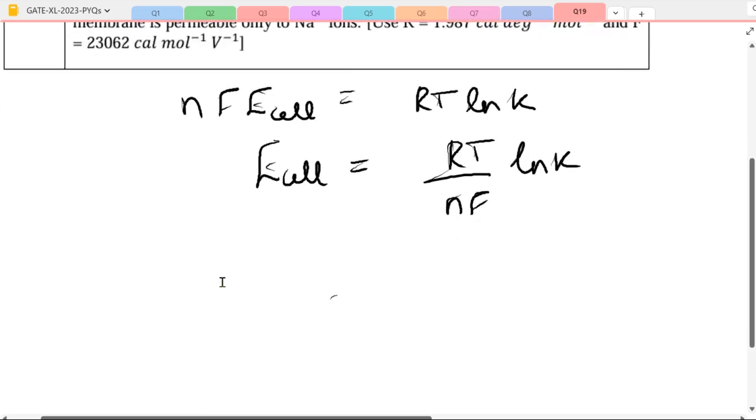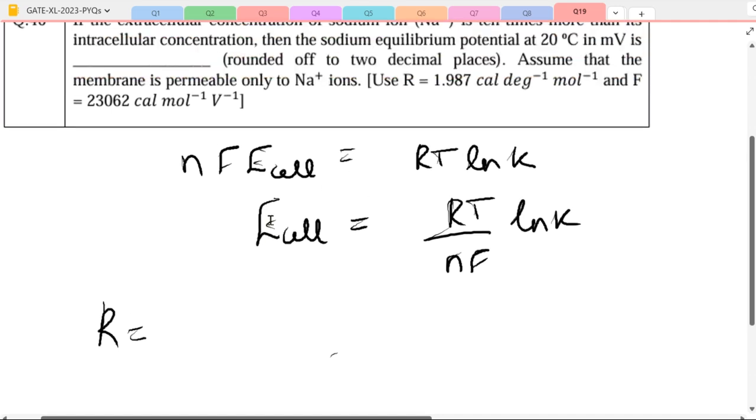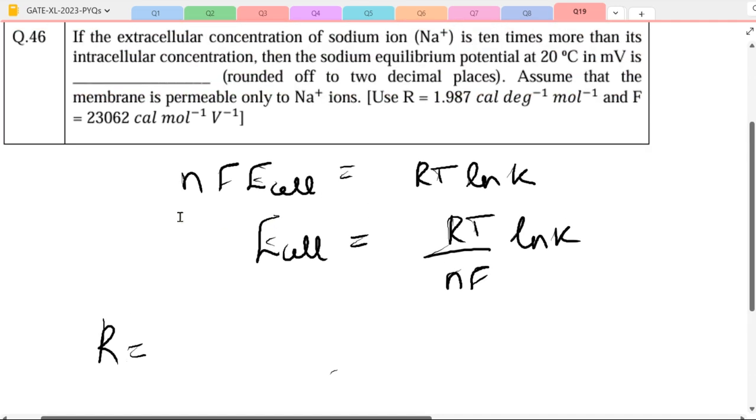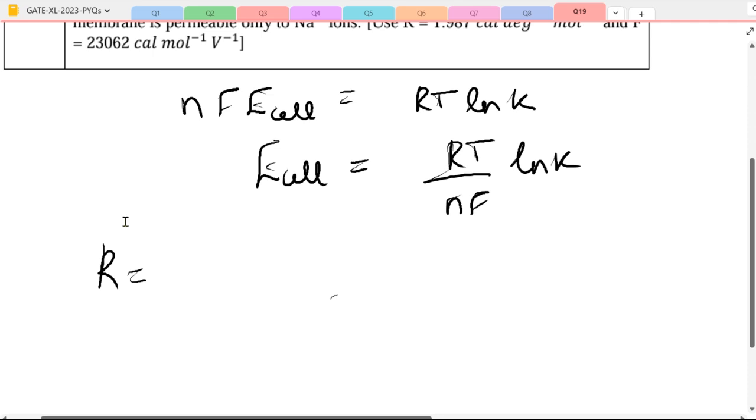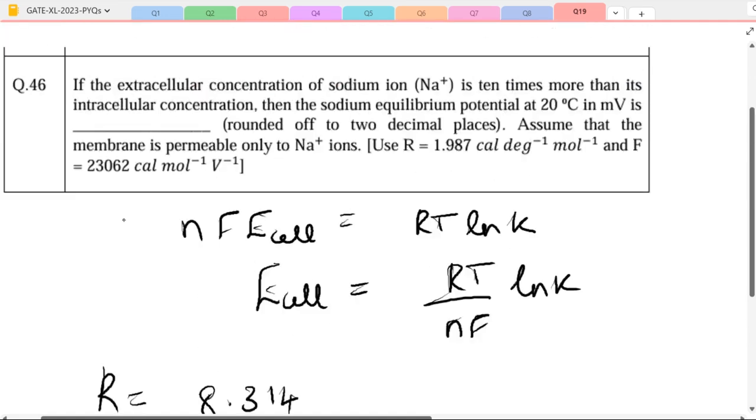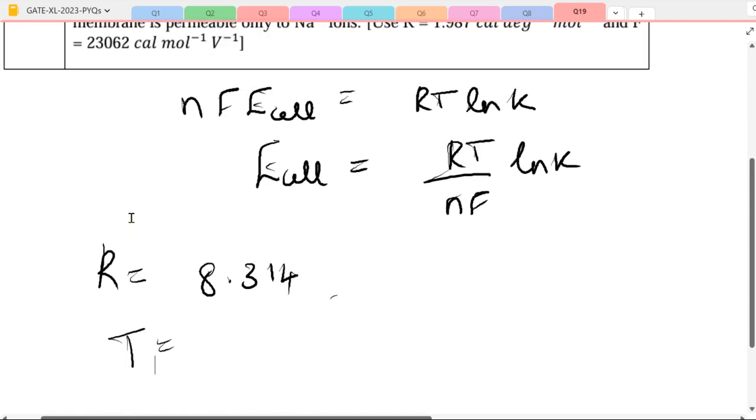Okay. So here I am using the standard constants, because when I tried solving this using the constants that they gave, the answer key doesn't match. So I will try doing it using the standard constants for these. So taking R as 8.314 and temperature in Kelvin. Here temperature is given as 20 degrees Celsius. So for converting to Kelvin, you will add 20 plus 273.15.